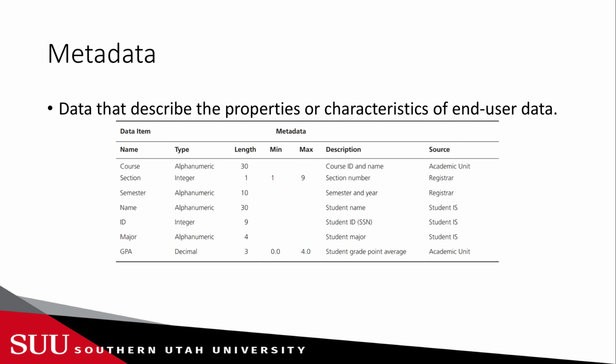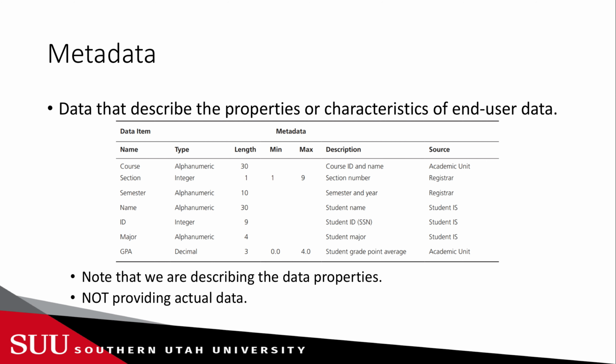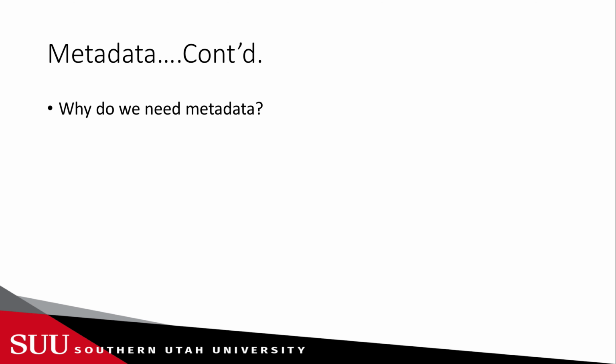So it's going to tell me the structure of the data, and we will see later on why this is useful. Okay. So note that we are just describing the data. We are not providing the actual data. So if I ask, will metadata include the actual data? The answer is no. So why do we need it?